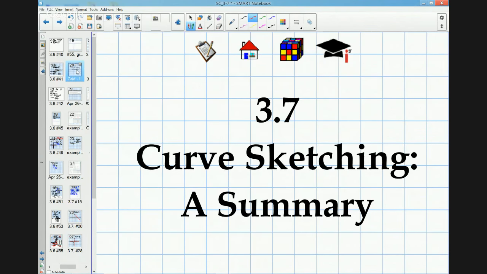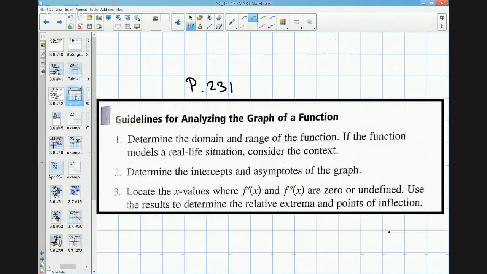So what we're going to do is bring all our tools together and talk about strategies for when you're given a strange-looking thing to graph, you want to pull out these tools and make use of them. The book has a pretty good strategy. I'm going to show you that first. I put the page down so you guys can go look it up later.